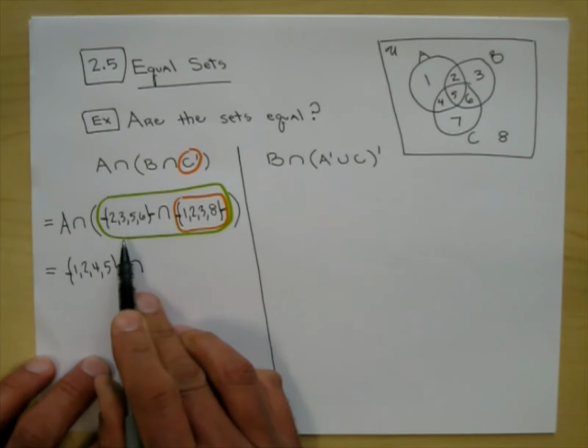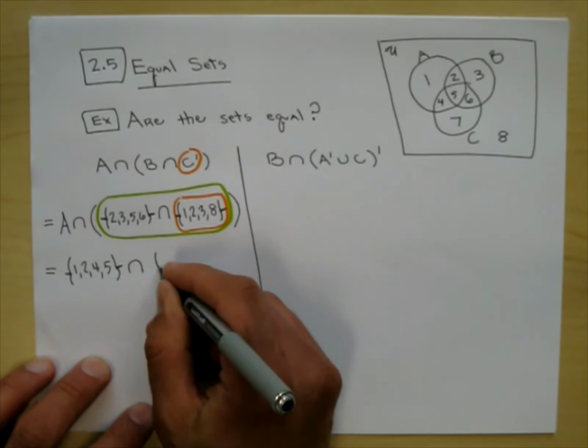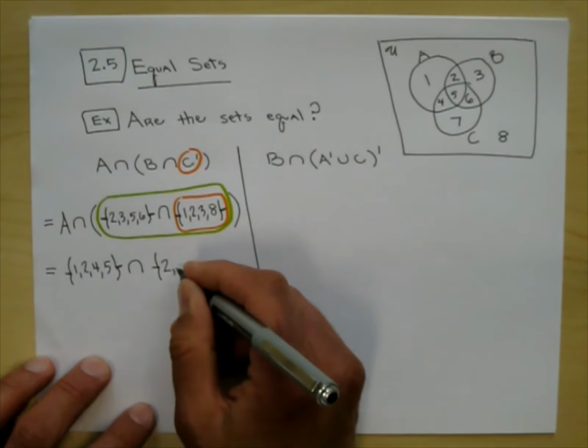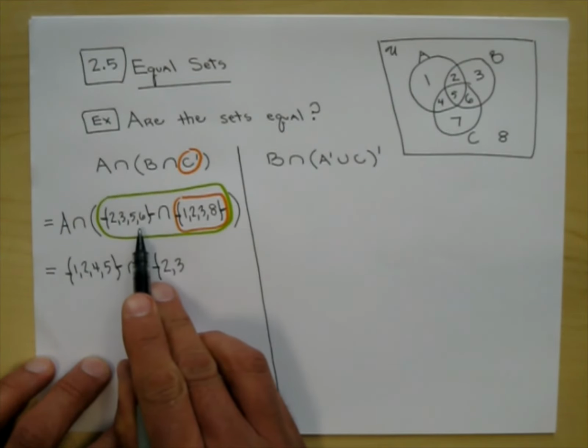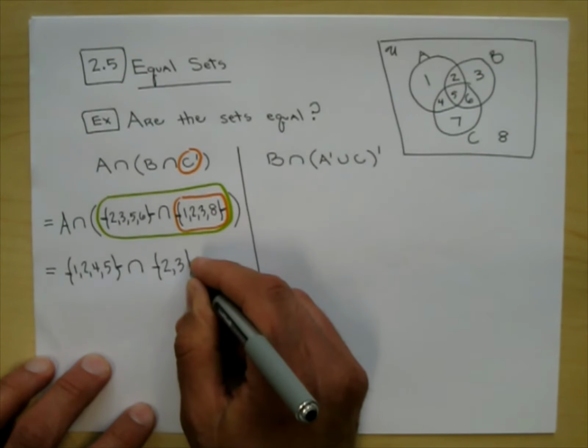And this part, the intersection of 2, 3, 5, 6, and 1, 2, 3, 8, well, what are the common elements? Looks like 2 is a common element, 3 is a common element, 5 is not, 6 is not. So that looks like the only common elements.